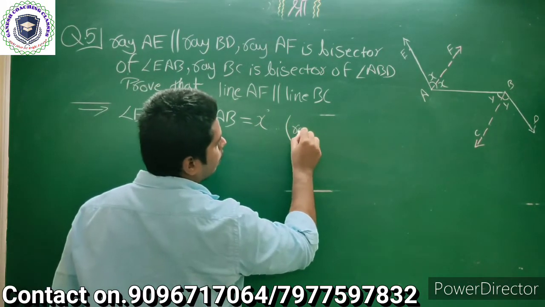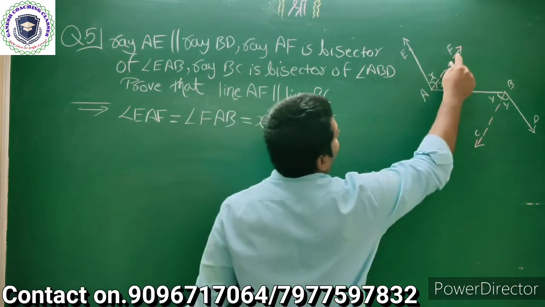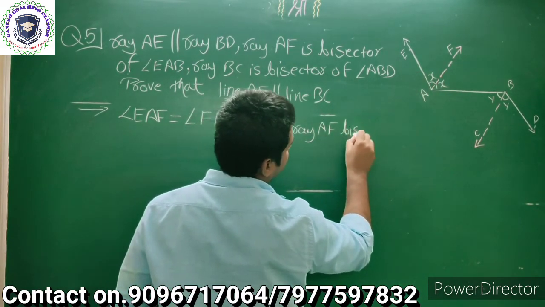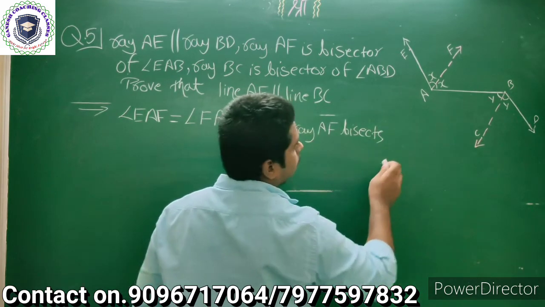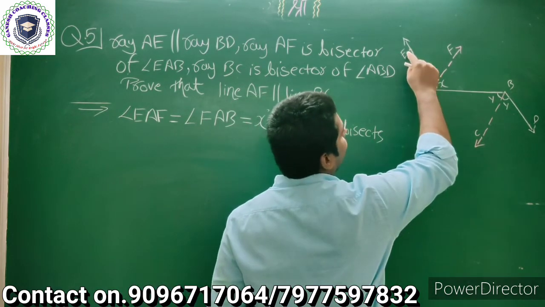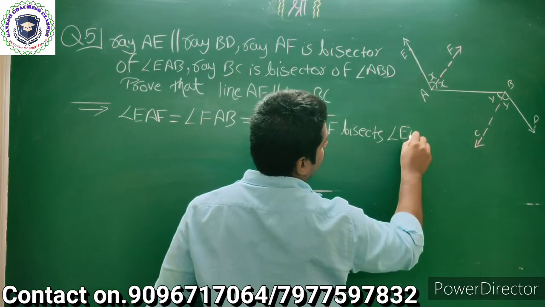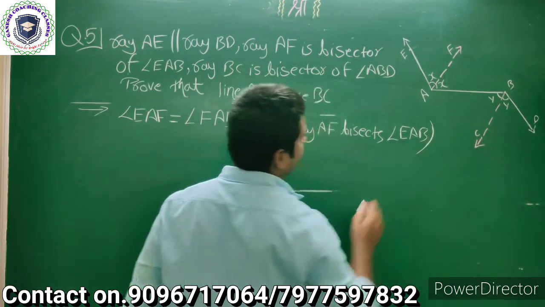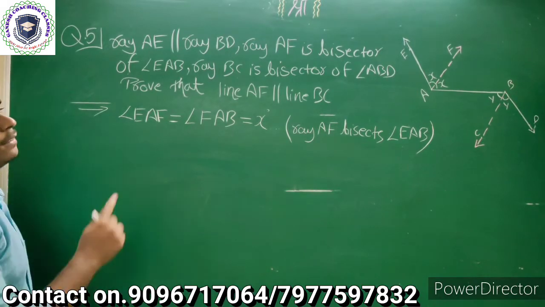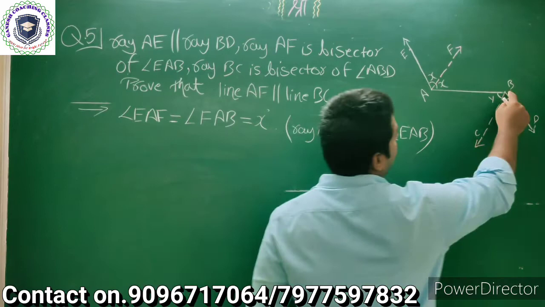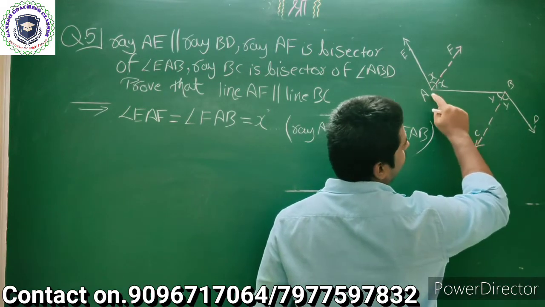What reason can we write here? Because ray AF bisects angle EAB. In the second, we are given another bisector, that is BC, of angle ABD.